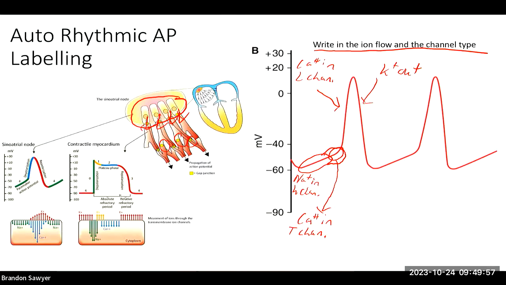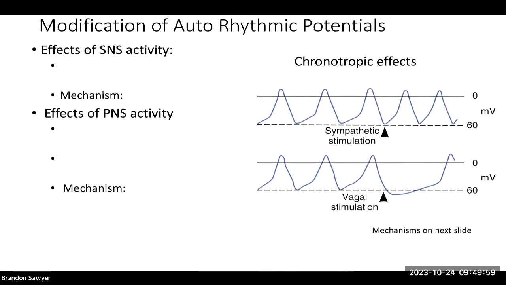Okay. All right. Well, let's talk about some of the mechanisms of modifying heart rate and what this looks like. First of all, we'll look at a lot of these words coming up over the next 2 weeks, but chronotropic effects mean that these are effects that affect time. Like chronography, the time.